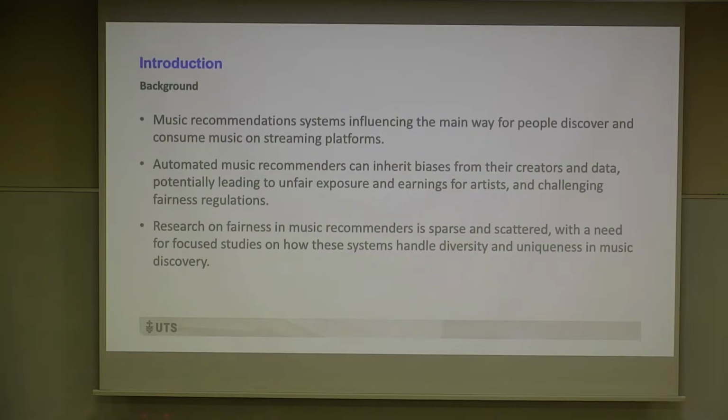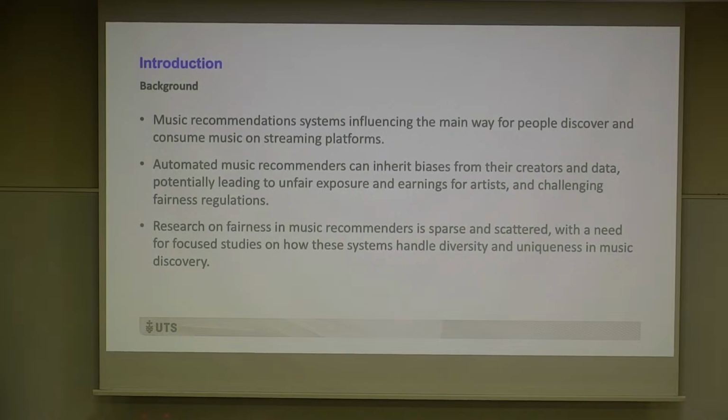So firstly, let's move to the background of this study. Current music recommendation systems are the main way for people to discover music, especially on streaming platforms such as YouTube or Spotify.